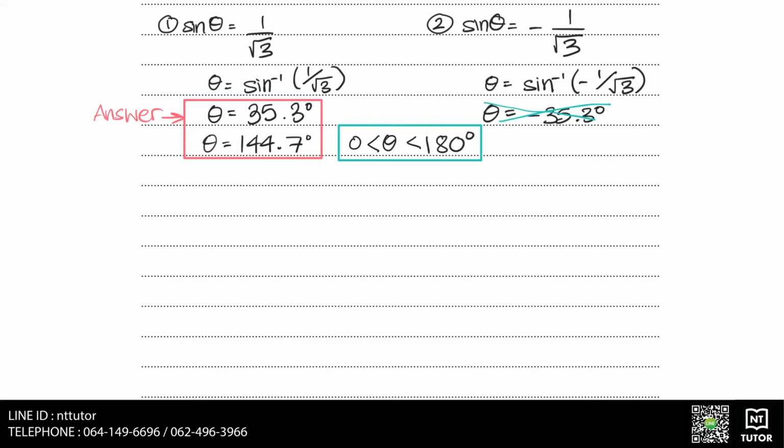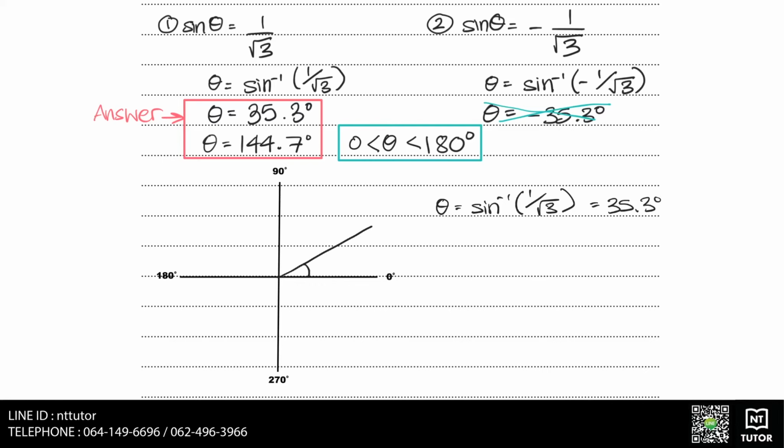The other method we can use to find the other angles within the domain is to use the unit circle. The first angle, theta, equals inverse sine of 1 over root 3, which equals 35.3 degrees. So it's over here on the unit circle. And this is a positive sign. So therefore, the other quadrant that has a positive sign is the second quadrant.